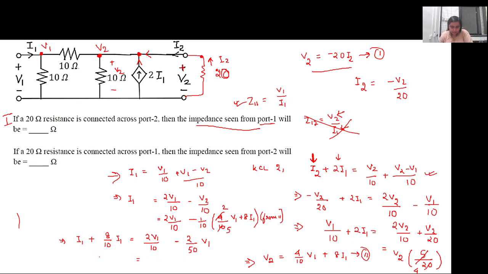So it is 18 by 10 I1, and this LCM is 50. 10 minus 1 is 9, so 9 by 50 V1. So what I need is the ratio between V1 by I1. So the 0s will cancel, 9 2s are 18. So V1 by I1 will be equal to 2 into 5.